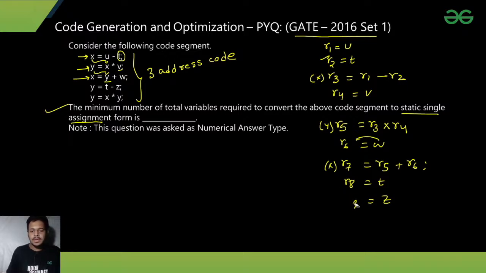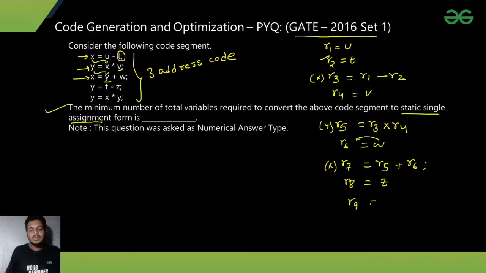So let me delete this one. In R8 we can assign Z, because Z is the new variable, and T is already in the temporary variable R2. So Z we put in R8.